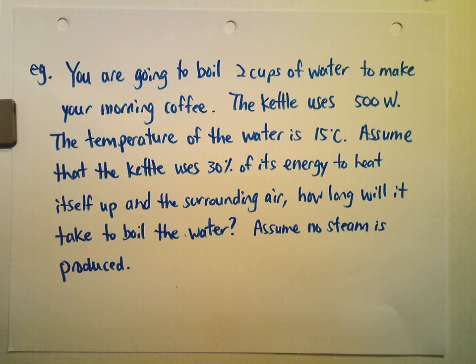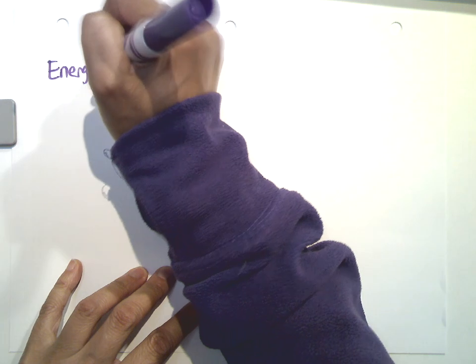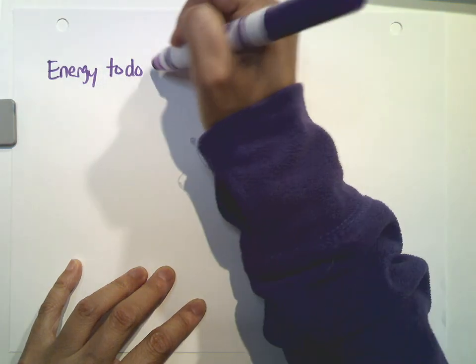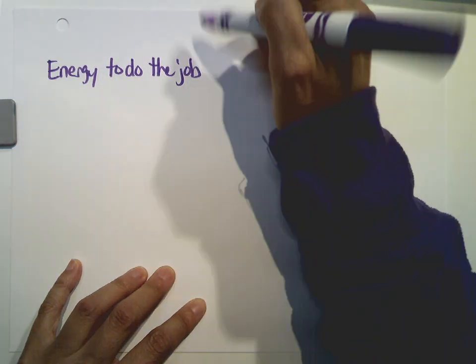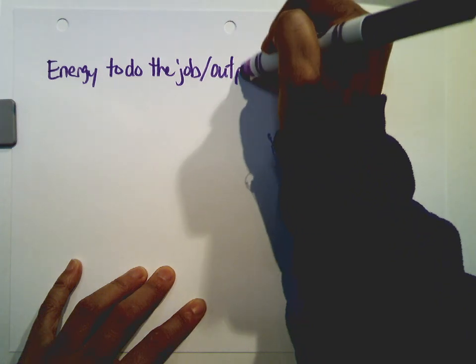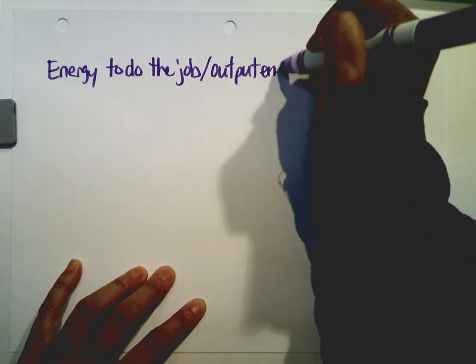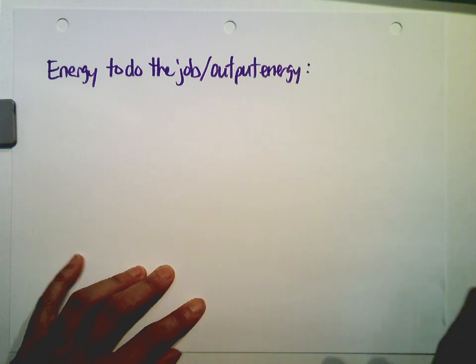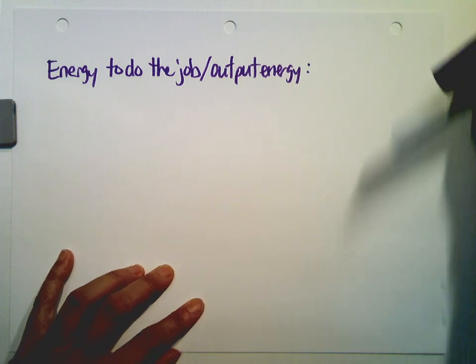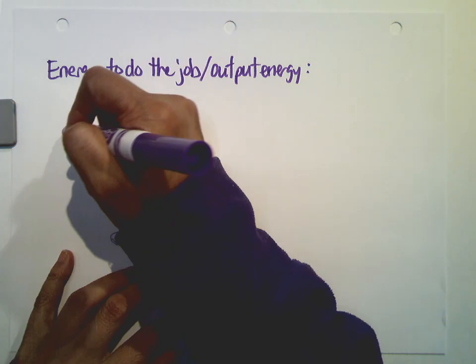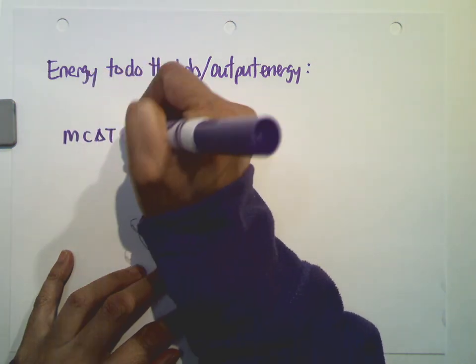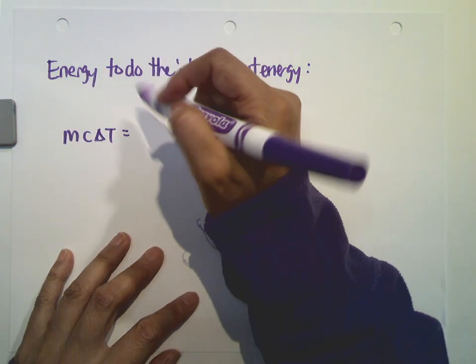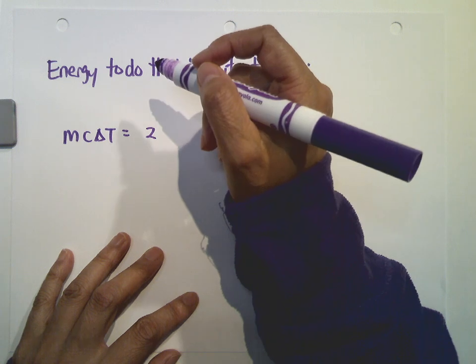All right, let's figure out how much energy it is to do the job. Energy to do the job, and if some of you want to write output energy, that's fine as well. Output energy. So you just want to heat the water to boiling. So when we heat the water to boiling, we have mc delta T. We are doing 2 cups, which is 2 kilograms.